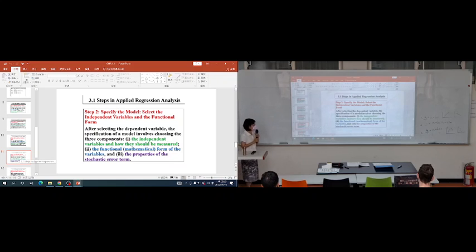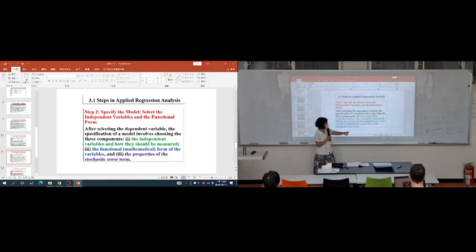After selecting the dependent variable, the specification of the model involves choosing three components. One is the independent variables and how they should be measured. Second is the functional form, meaning the mathematical form of the variable.